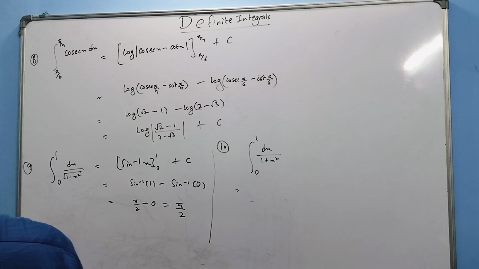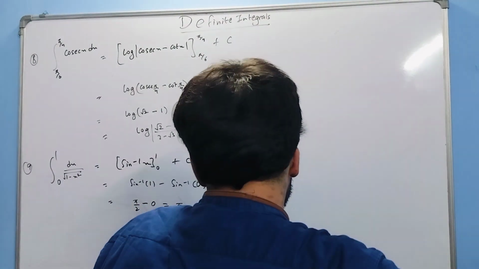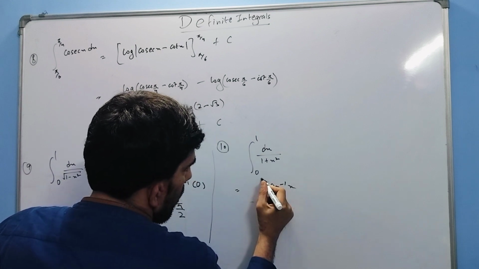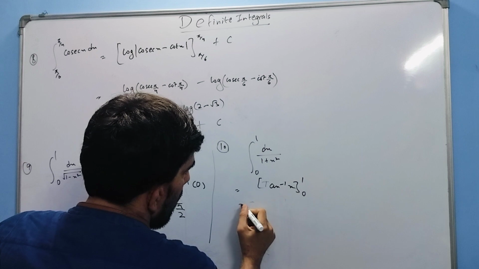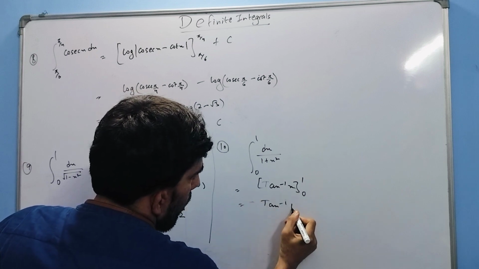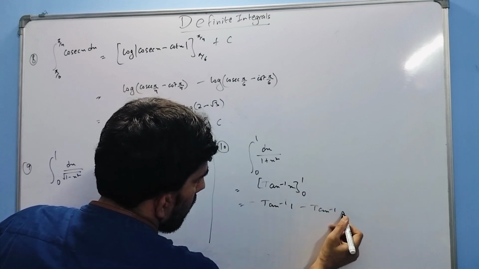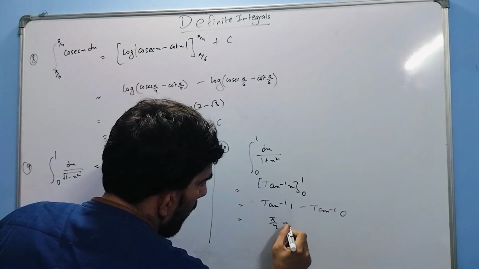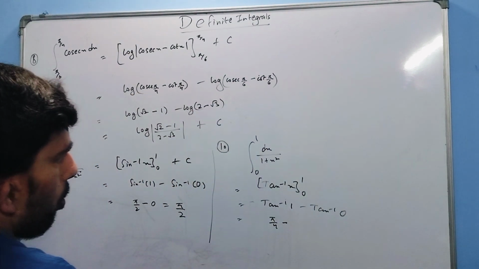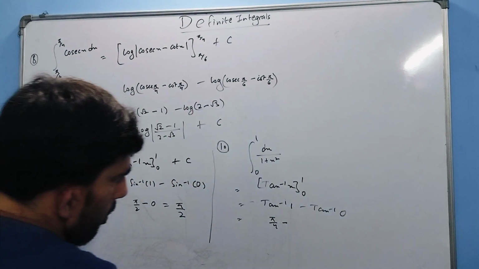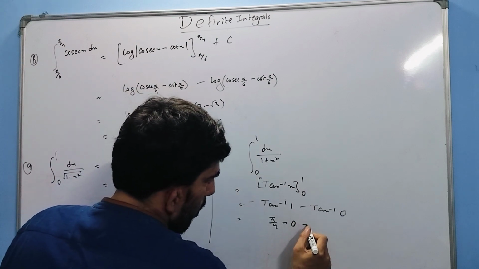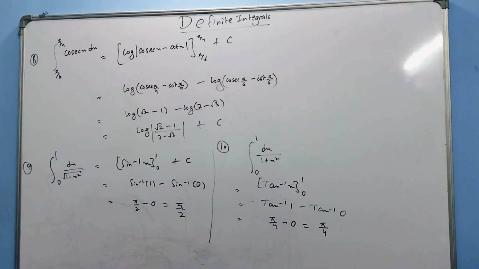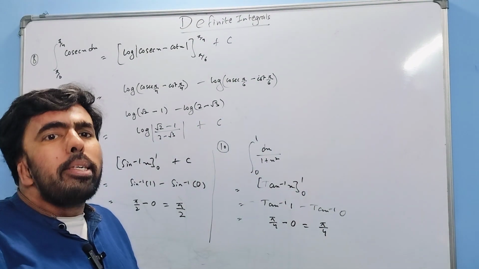The integration of this will be tan inverse x. Now we'll put the limits 1 and 0, that is tan inverse 1 minus tan inverse 0. Tan inverse 1 is pi by 4, so I got pi by 4 minus tan inverse 0, which is 0, so I got pi by 4. Okay, so this is how we are able to evaluate the definite integrals.